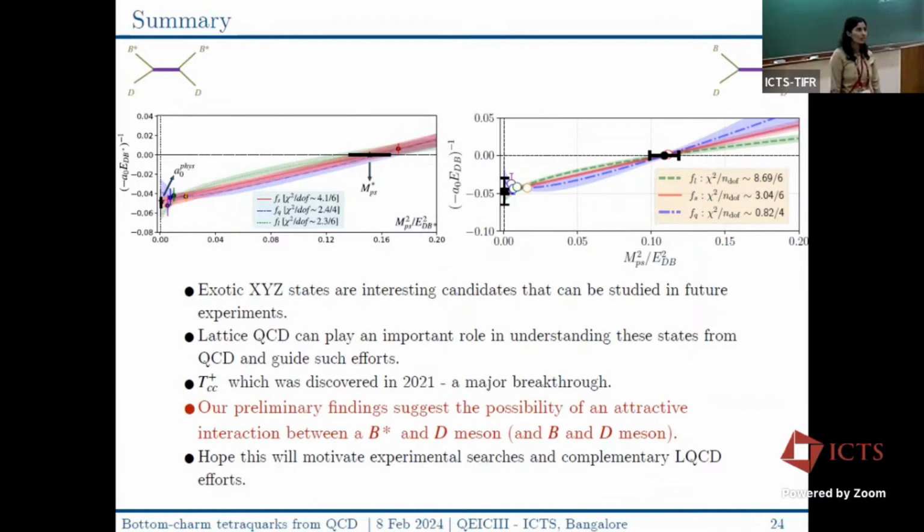These tetraquarks are very interesting candidates which can be studied both in experiments and in theory, and the role of lattice QCD is also important in these efforts. And the TCC, which was discovered in 2021, was a major breakthrough, and possibly this would motivate experimental searches and even more precise lattice QCD calculations. Thank you.